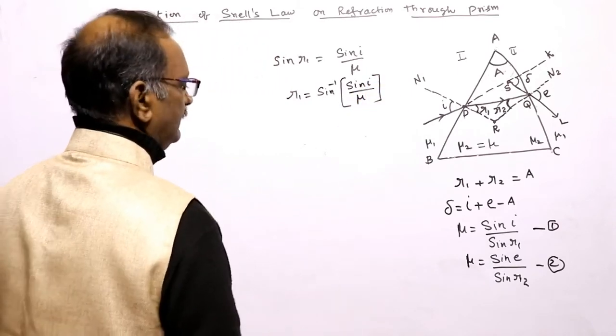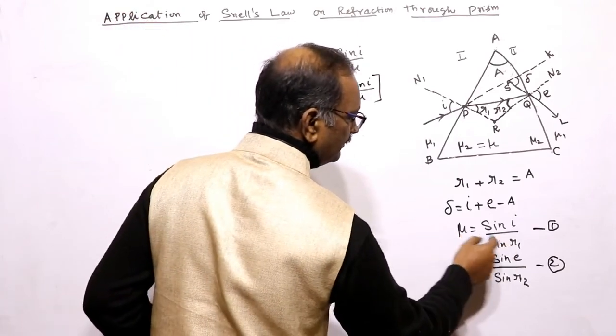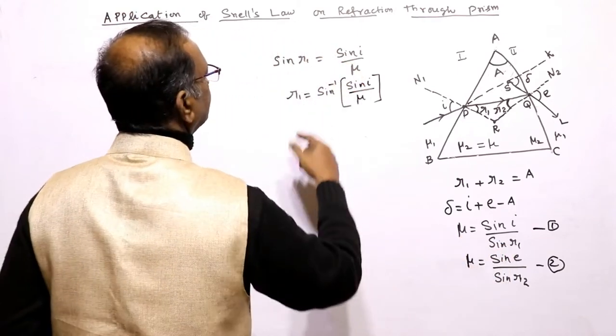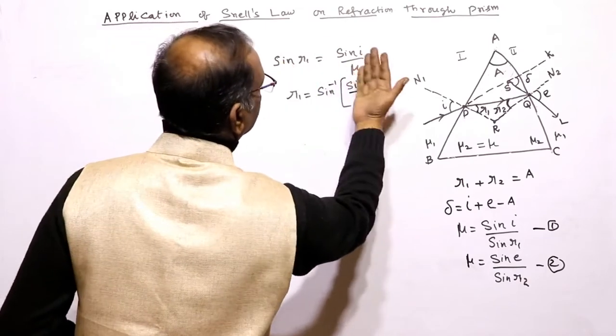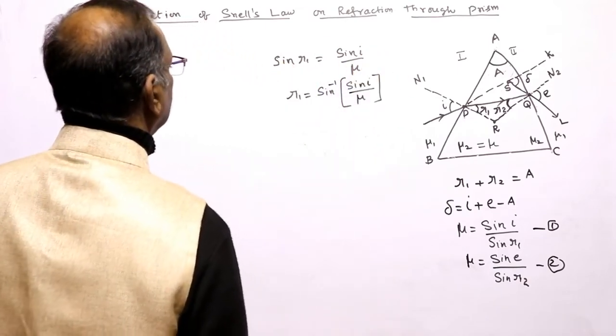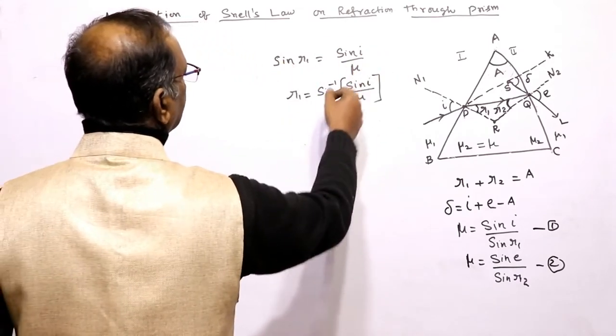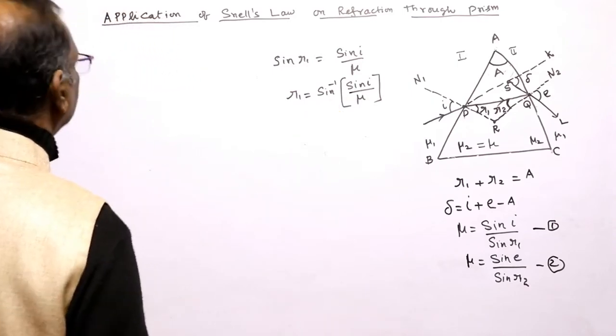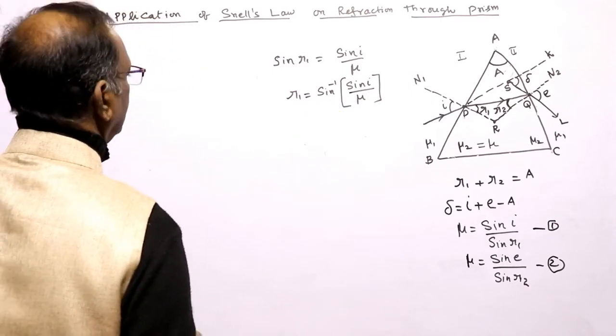Sine R1 comes here, mu goes there, and R1 is equal to sine inverse of sine of angle of incidence divided by refractive index of the prism material.